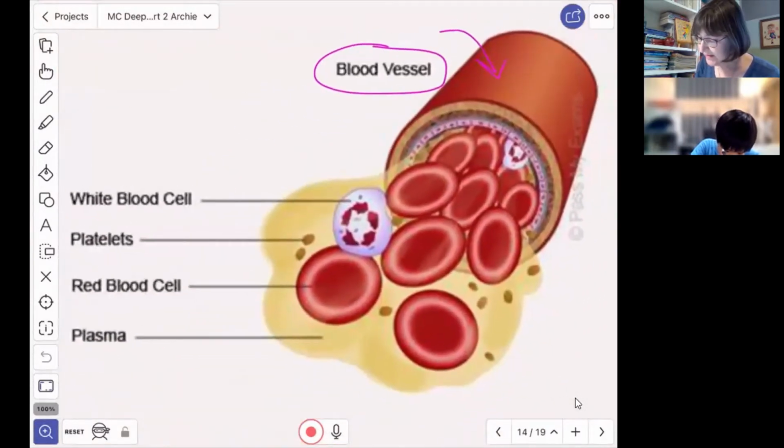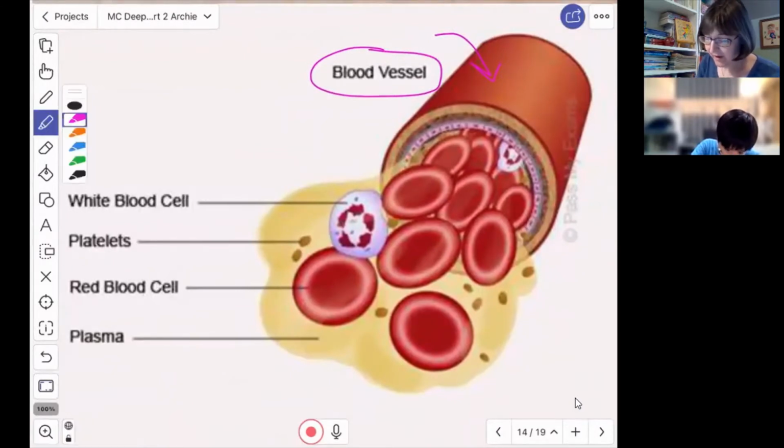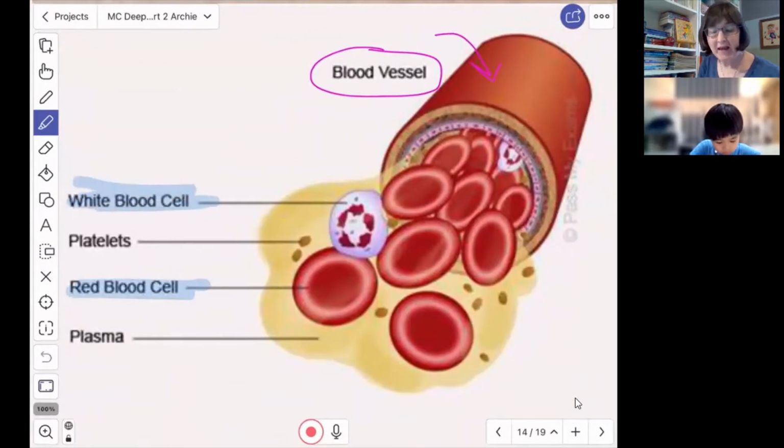And so inside that blood vessel, we talked yesterday about how there are red blood cells and white blood cells and platelets. There's also something called plasma.